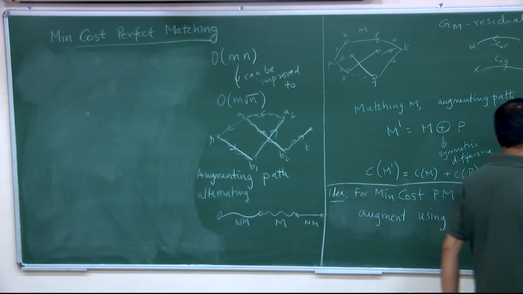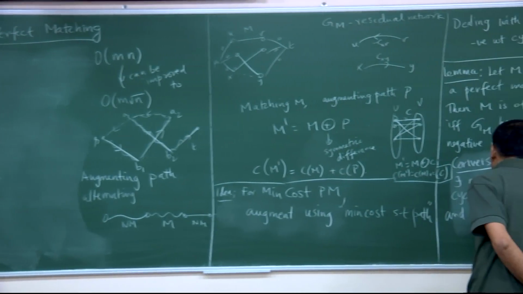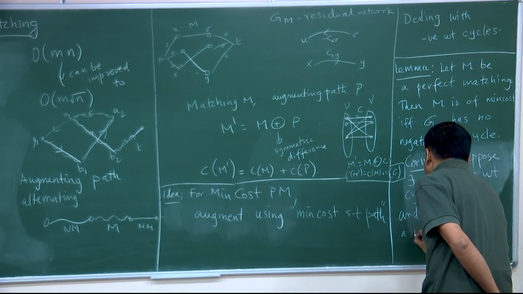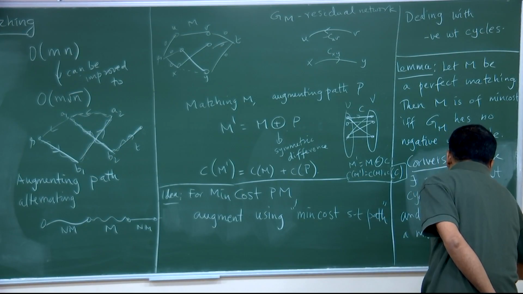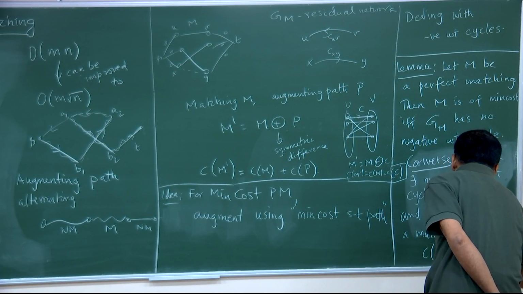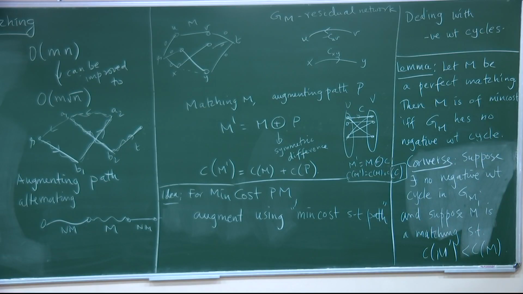Suppose M prime is a matching such that cost of M prime is strictly less than cost of M. I want to get a contradiction.